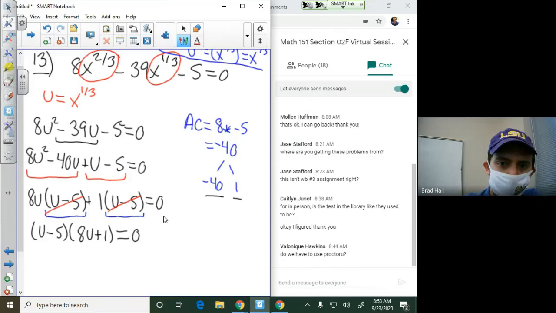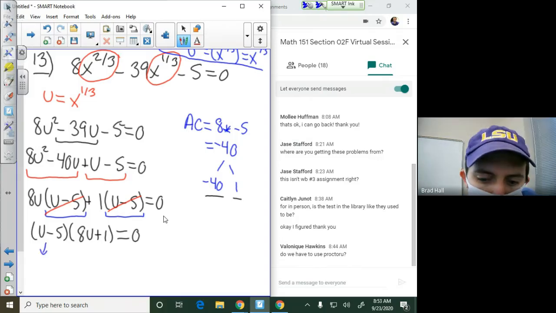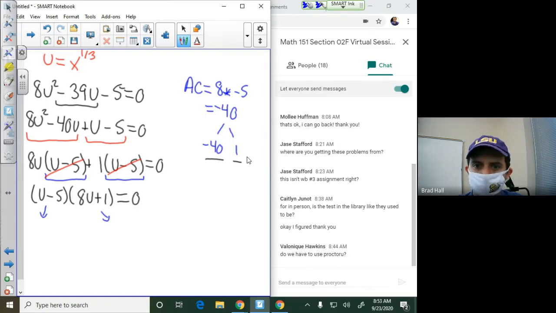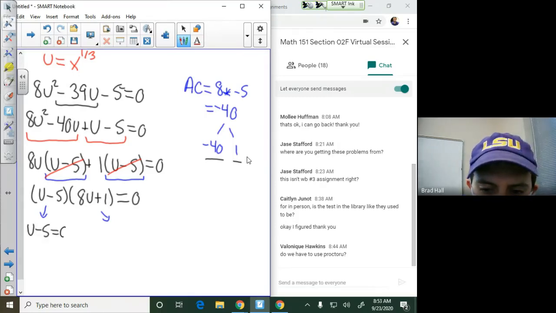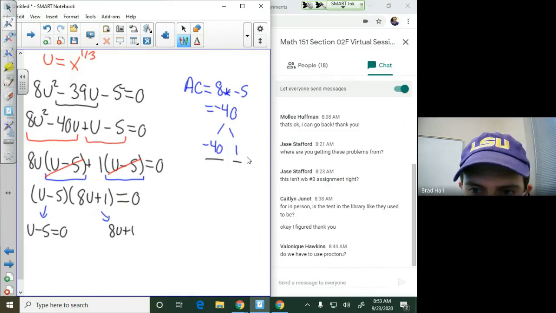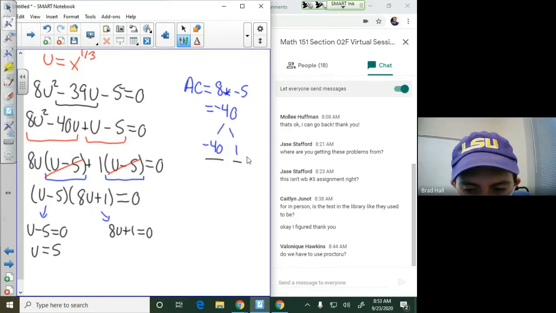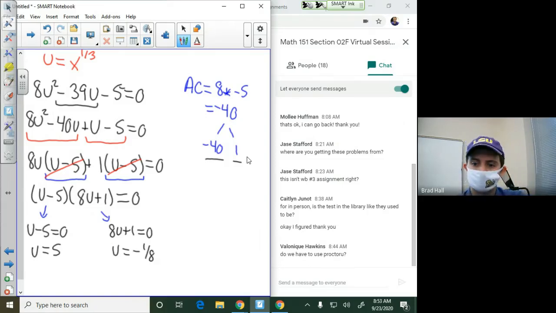So now we can split up this factorization. u minus 5 is equal to 0. 8u plus 1 is equal to 0. u is 5, and u is negative 1 over 8.